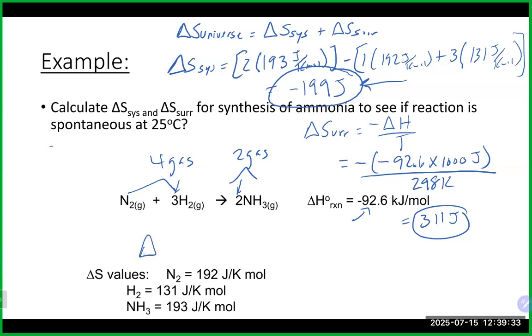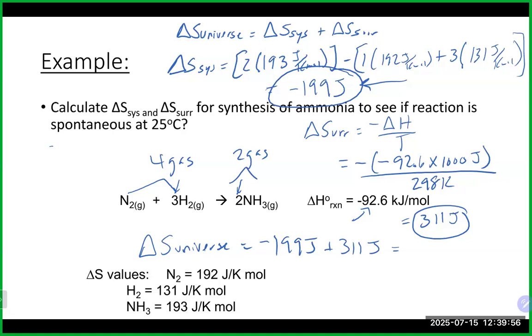Now that we have both of them, we could calculate our universe by adding them, and this is really where units come into play. I can't tell you how many people will add these together with one being in kilojoules and one being in joules and get the wrong answer. So it doesn't really matter necessarily which one you convert it to, but you do have to do that conversion.